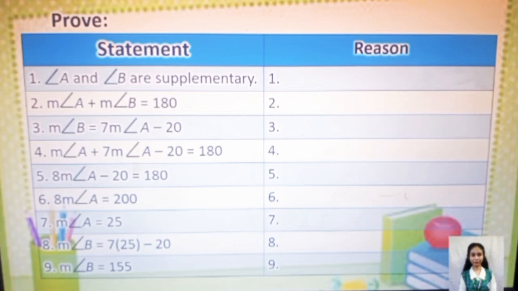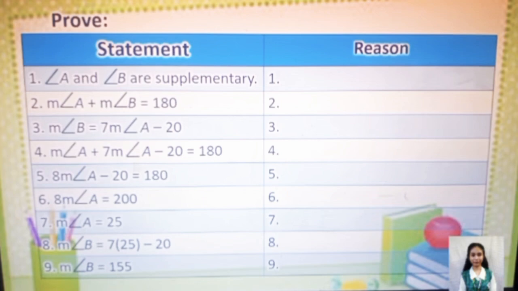Number 4, measure of angle A plus 7 times measure of angle A minus 20 is equal to 180. Number 5, 8 times measure of angle A minus 20 is equal to 180.